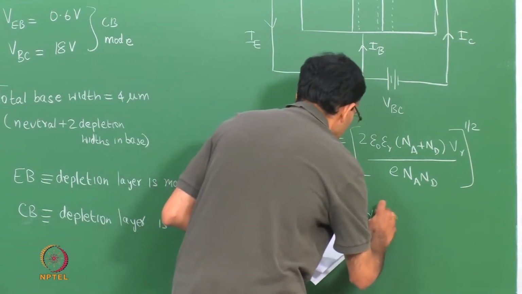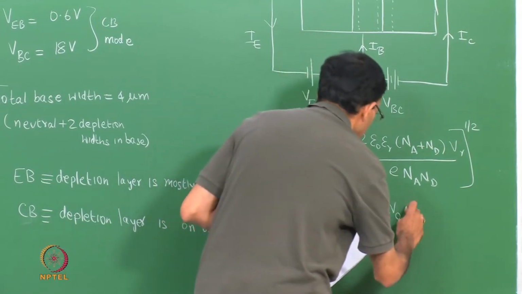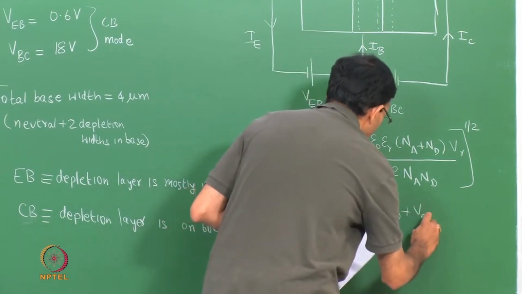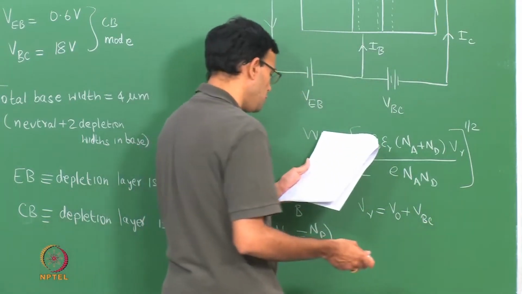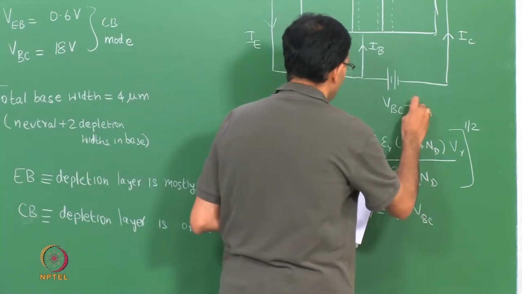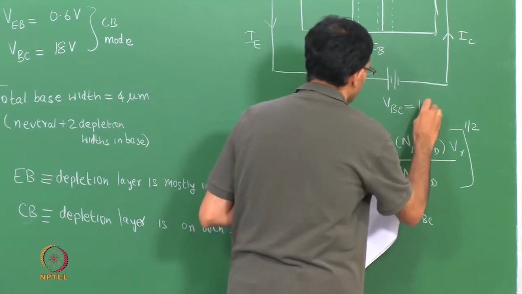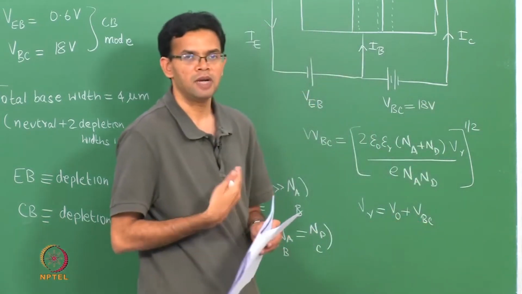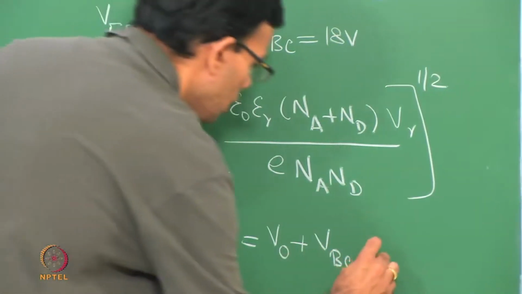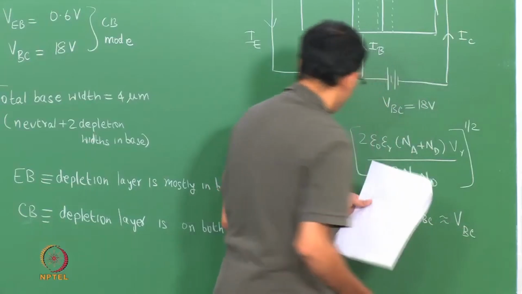So, Vr is nothing but V naught, which is your contact potential, plus the reverse bias voltage. This value is given in this particular problem. VBC is equal to 18 volts. This number is usually much higher than V naught, so I can approximate Vr as VBC.